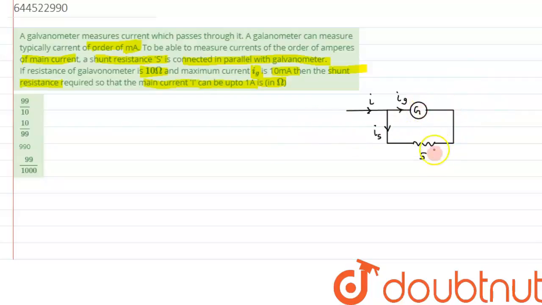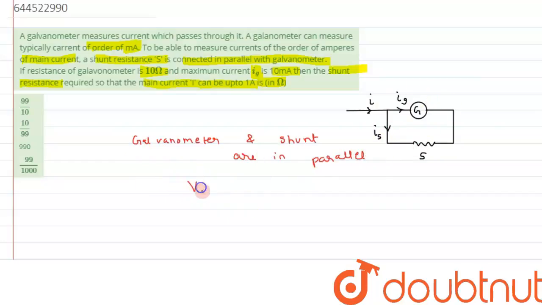Alright, so let's begin. As we can see, the galvanometer and shunt are in parallel combination. Whenever two elements are in parallel, that is two resistances are in parallel, the potential difference across them is the same.